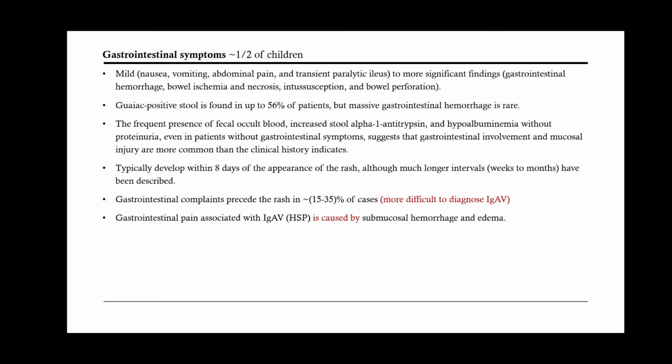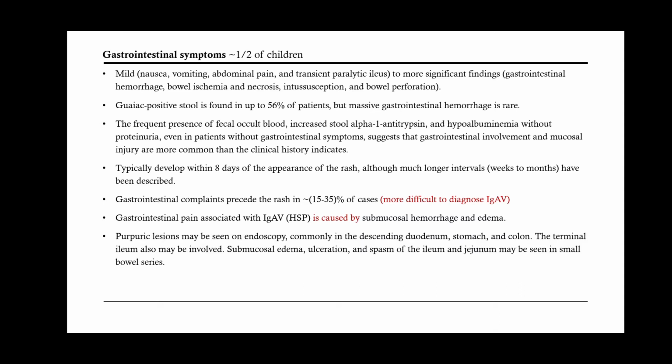Gastrointestinal pain associated with IgA vasculitis or Henoch Schonlein Purpura is caused by submucosal hemorrhage and edema. Purpuric lesions may be seen on endoscopy, commonly in the descending duodenum, stomach, and colon. The terminal ileum may also be involved.